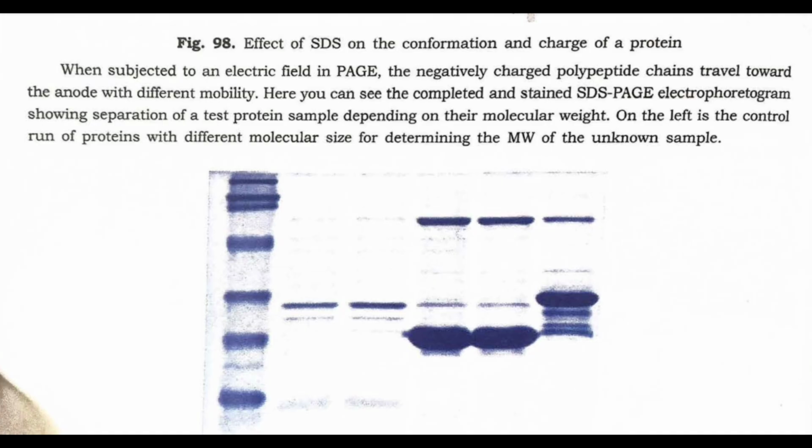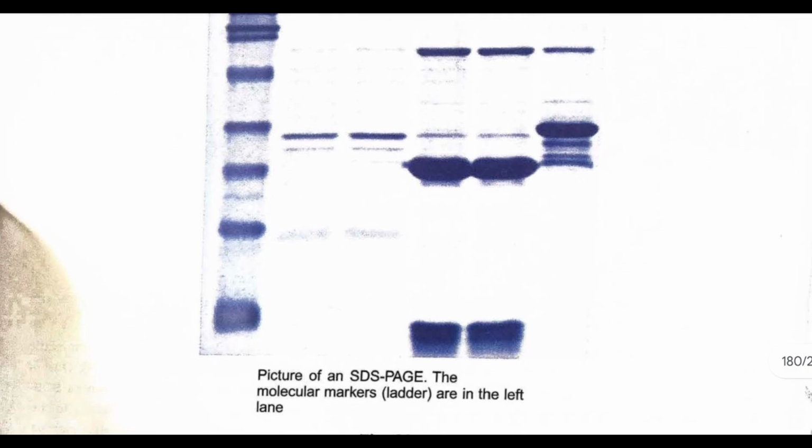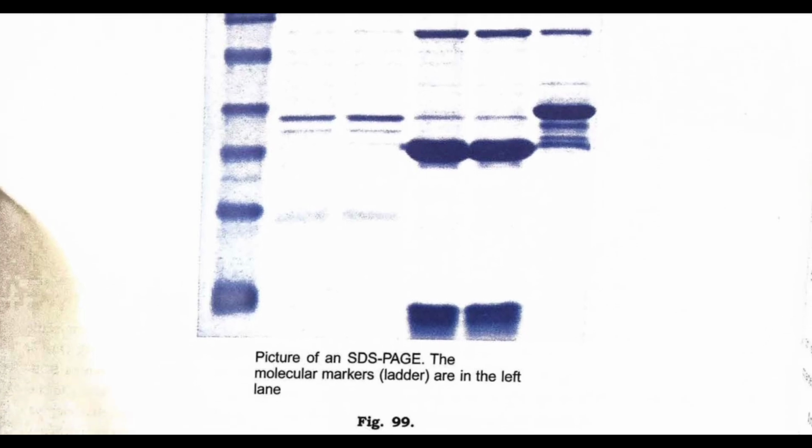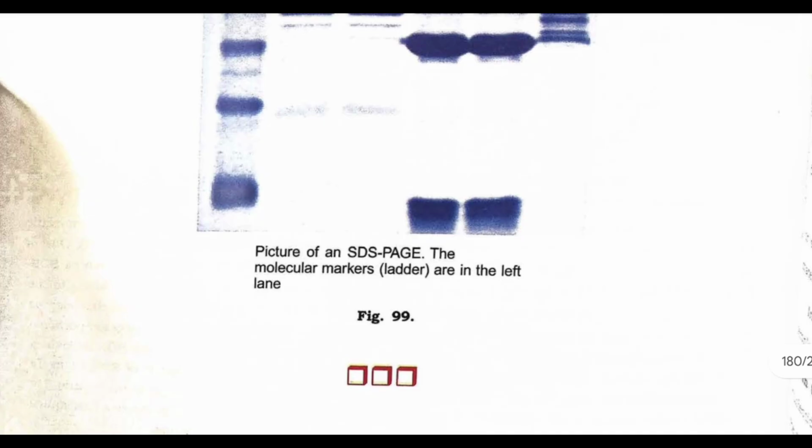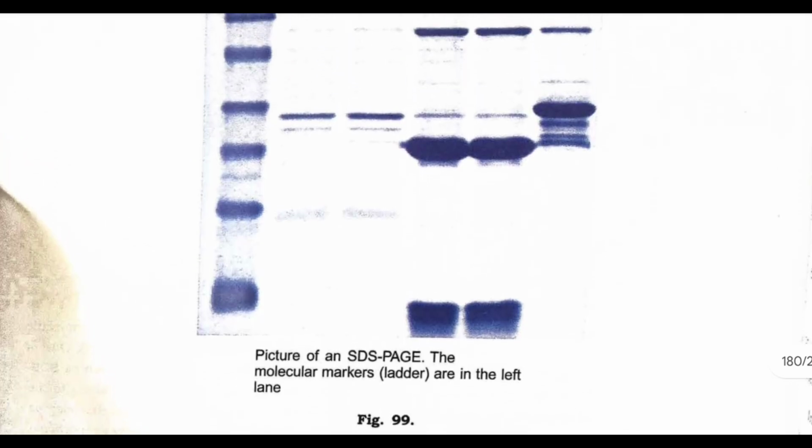On the left is the control run of proteins with different molecular size for determining the molecular weight of the unknown sample. Picture of an SDS PAGE. The molecular marker ladder is in the left lane.